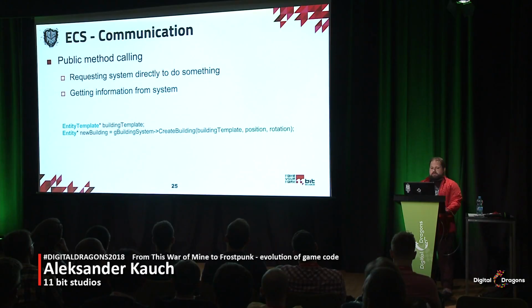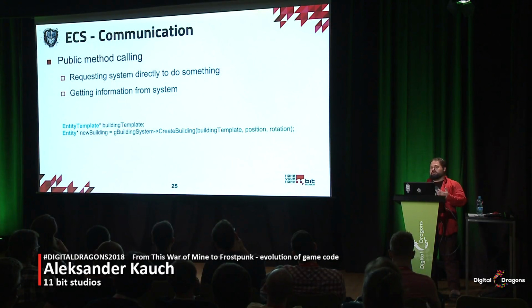Public method calling: we directly get the pointer to a system and call a public method on it. We use that kind of communication when we are requesting data from a particular system, for example, getting position from the movement system.